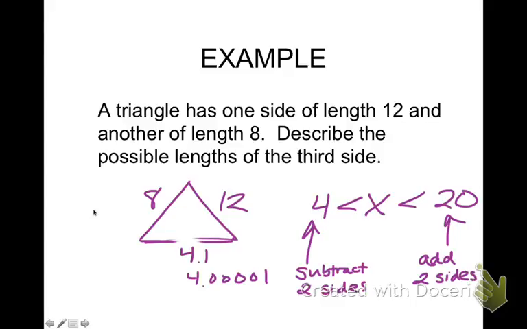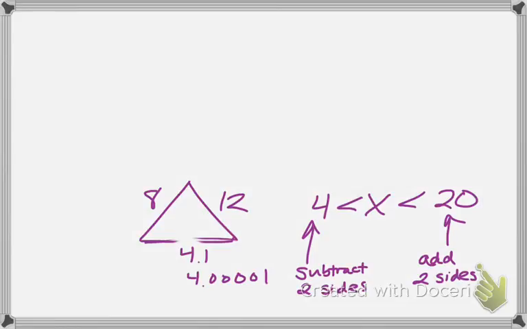All right. Now I know this is not on our notes. I'm just going to go through and make sure we have this stuck in our brains. So just watch and soak it in. If I give you these two sides, let's go 4 and 7, what would be the possible lengths? Lower bound would be 3, upper bound would be 11. Good.